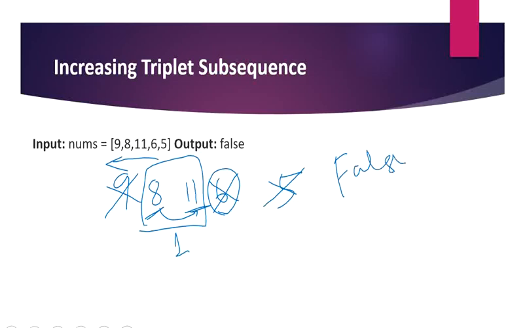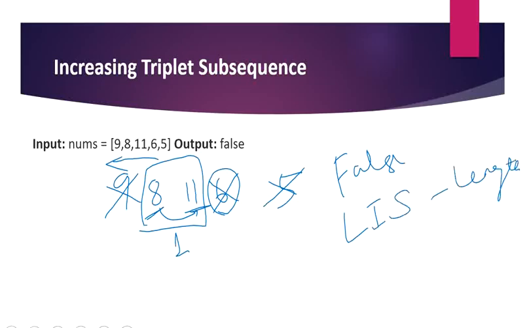If you think about this for a moment, you can relate it to something we have already solved on our channel, that is longest increasing subsequence in an array. So we are going to use the same technique in this problem. The longest increasing subsequence finds the length of the longest subsequence in an array.